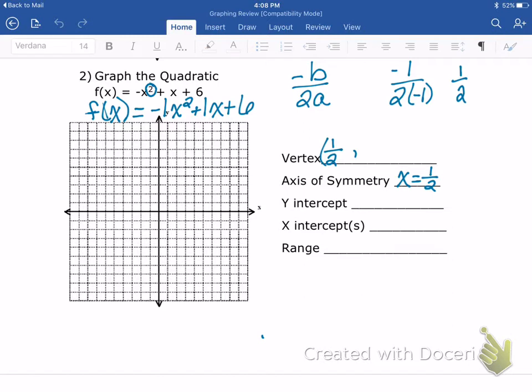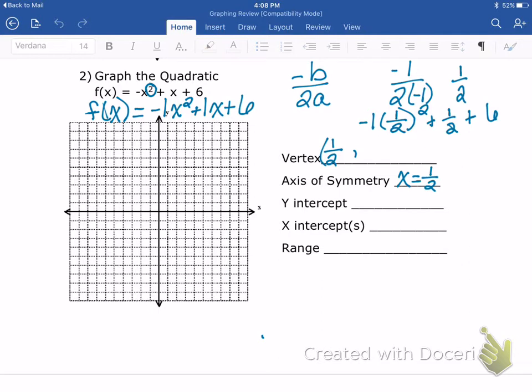Now, in order for us to find the y value of our vertex, we take our 1/2 and plug it in for x. So I am going to have negative 1 times 1/2 squared plus 1/2 plus 6. Okay?